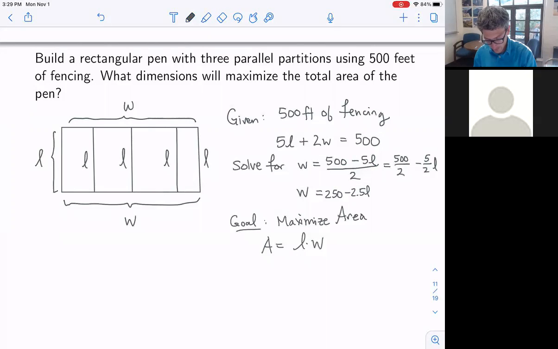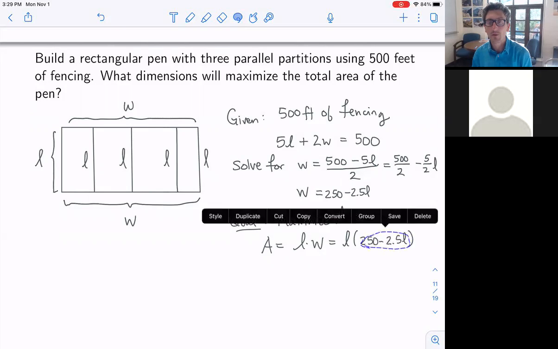So if area is length times width, that's the same as 250 minus 2.5 L times the length. Sorry, I think I wrote that in the opposite order than what was above. It should be length times width, and this thing I'm circling here is equal to my width from above.